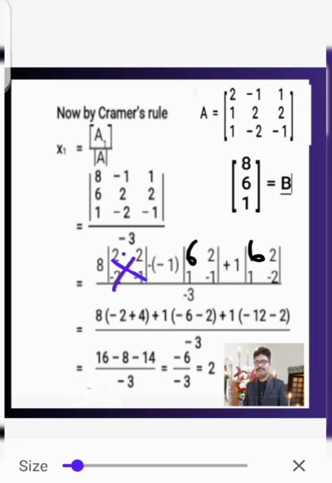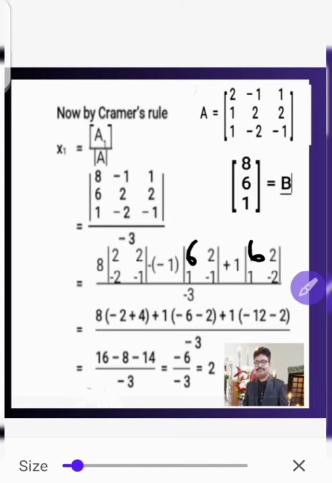If we multiply 2 with minus 1, there will be minus 2. 2 multiplied with minus 2, we will get minus 4, and the sign between them is minus. That's why I have written 4 here, and outside the bracket 8 was written.